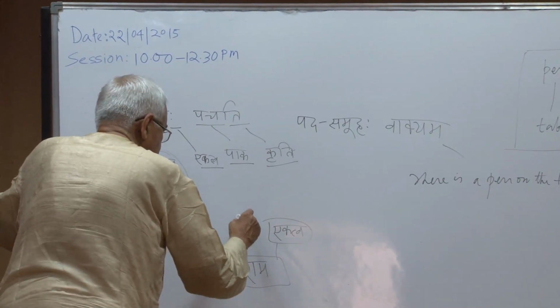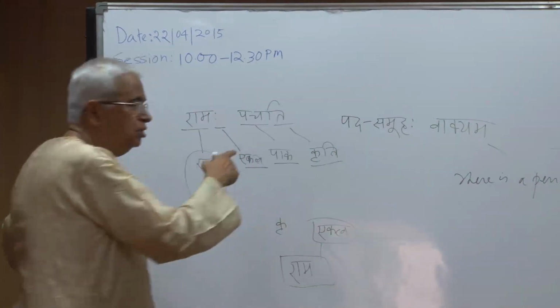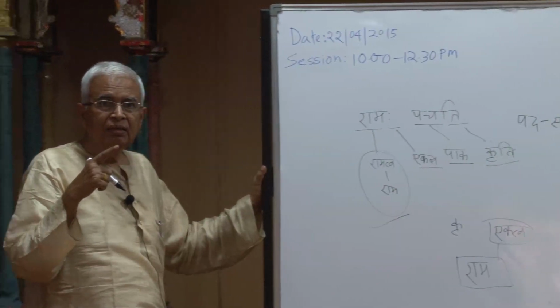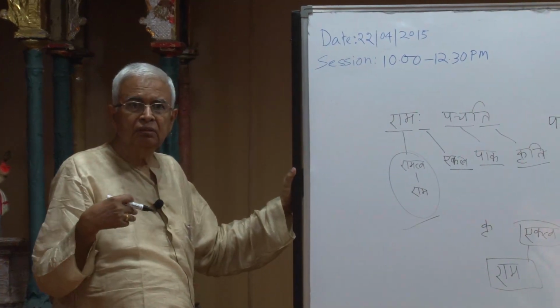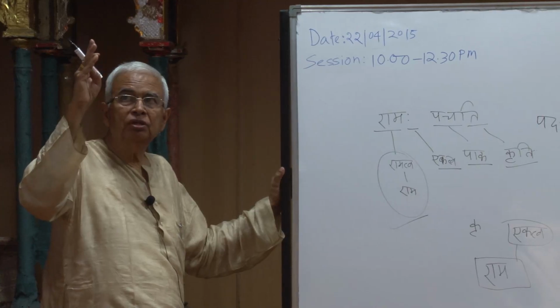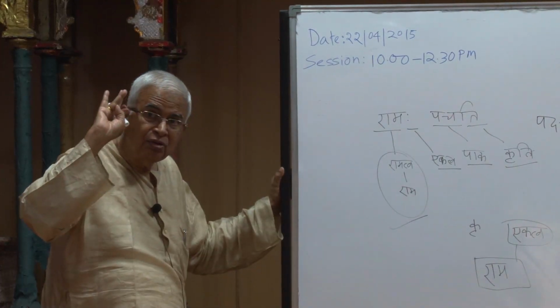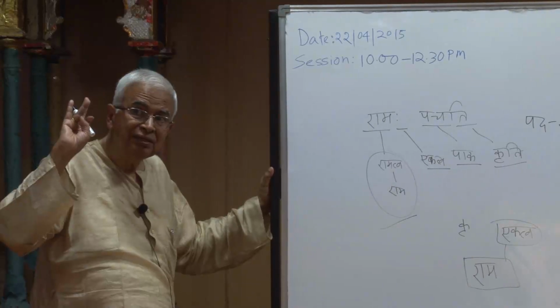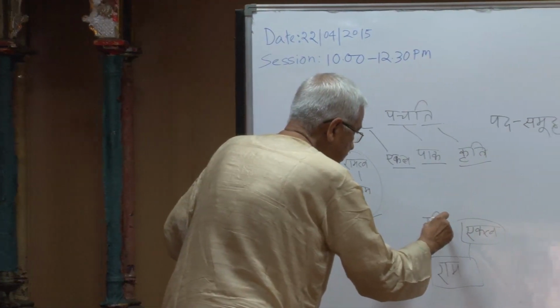Kriti also is in Rama. Kriti is Prayatna. Does it belong to the external world or internal world? Buddhi, Sukha, Dukkha, Ichha, Dvesha, Prayatna. They all reside in the Atman. So, Kriti is also in Rama.